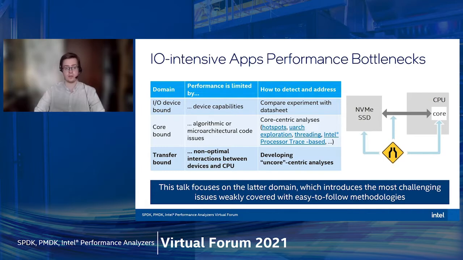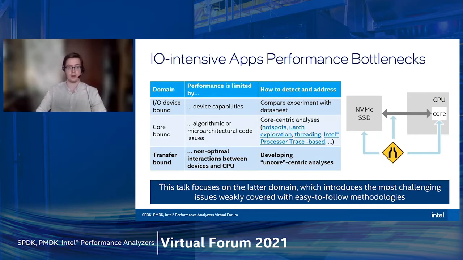And the third domain, called transfer bound, is the one that I'd like to focus on today. And it appears most challenging because it used to be quite weakly covered with easy to follow methodologies.